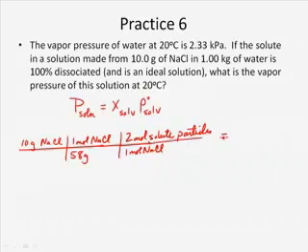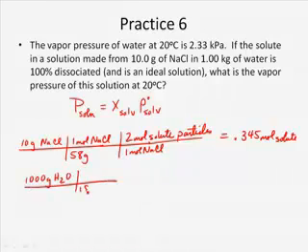So 10 divided by 58 times 2, I get 0.345 moles of my solute. And I have 1 kilogram of water, so 1,000 grams of H2O, 18 grams in a mole, so I have 55.6 moles of the water.